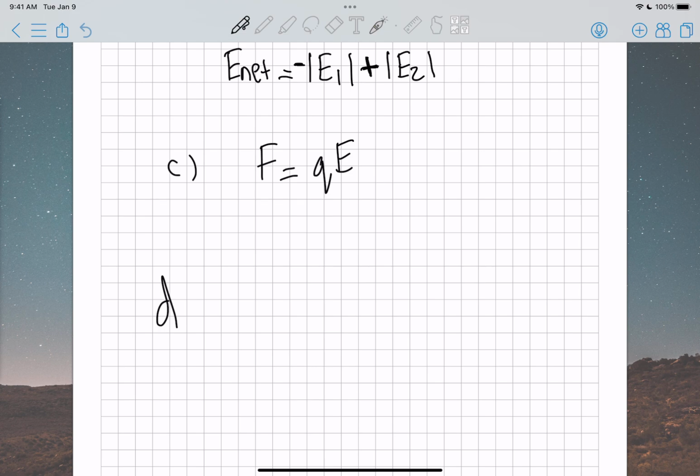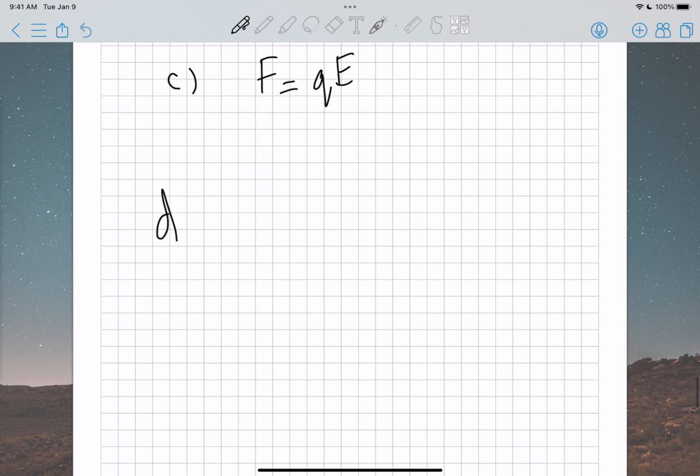And so part D says: at which of the following points is the electric field 0? If we're looking at when the electric field is 0, then once again we have to factor in the directions of the electric fields at every single point. So we have to think about these points as being positive test charges, because that's the convention.